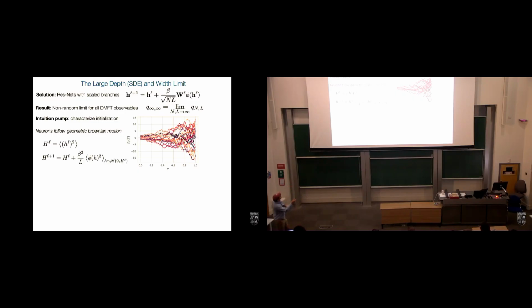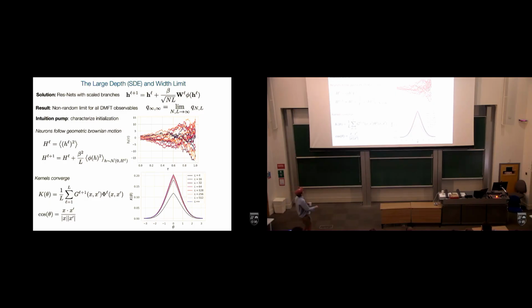You can guess the recursion here. Let's say this is independent of this. Let's calculate the second moment of this thing. It's going to be H_L plus this thing squared, so beta squared over L times an average of phi of H. Suppose I knew H_L, I can plug this in and do this nonlinear average. That gives me this new H_{L+1}. So it's a nice recursion.